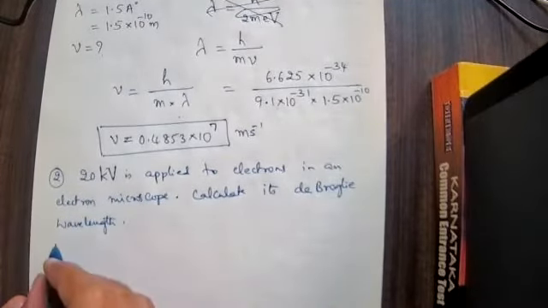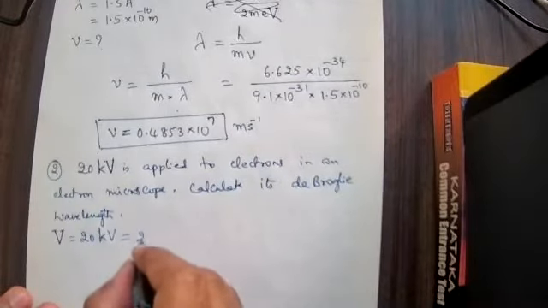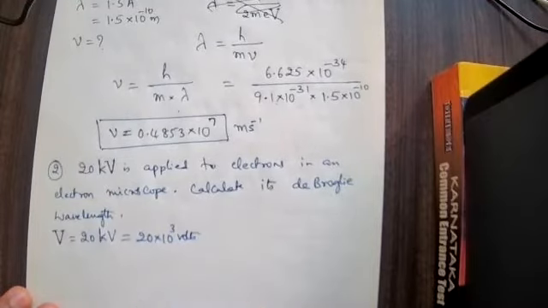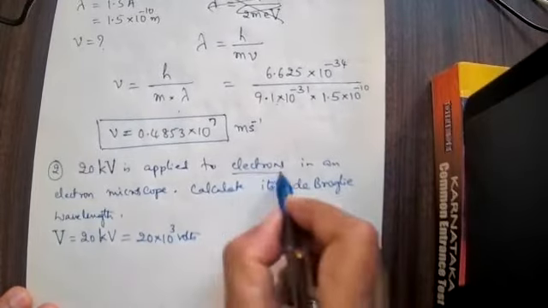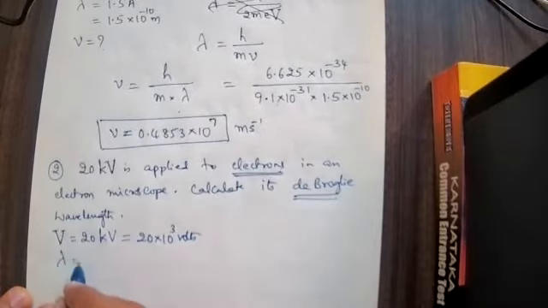So voltage is given here. 20 kV is applied, that is equal to 20 times 10 to the power 3 volts. It is an electron. Calculate its de Broglie wavelength.